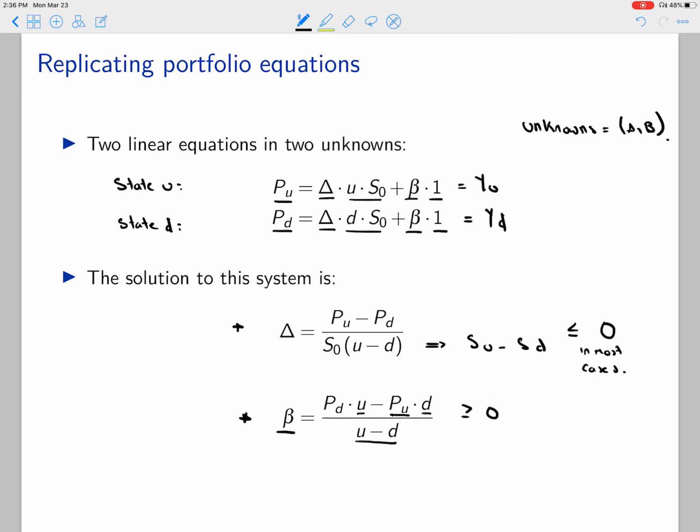The replicating portfolio for the put is usually going to short the stock and long the bond. In other words, a portfolio of delta shares and beta bonds replicates the put option.